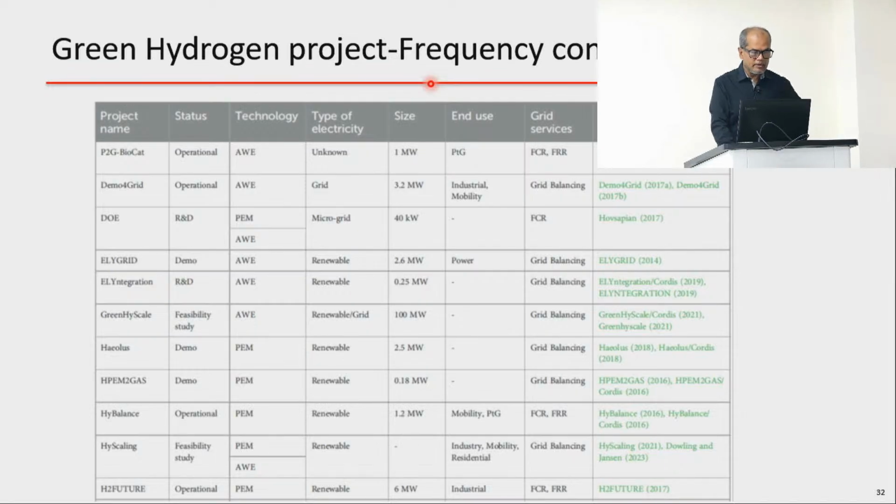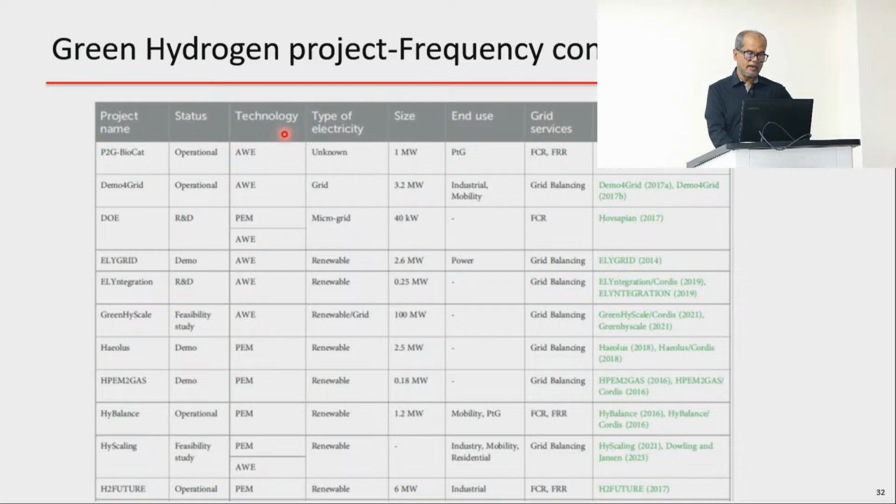Here you can see that a number of them are already operational, a few are in the R&D phase, a few are demos, and some are doing feasibility studies, but these are all real projects, not simulation. And this is some of the technology they are using, and you see that most of them are PEM, but they are using others as well.